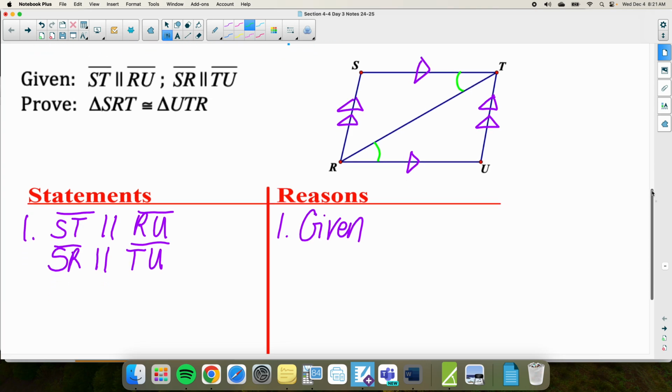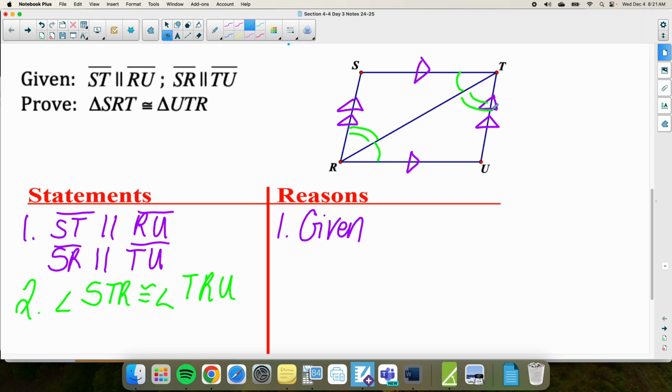So let's go and write that down. You have to use 3 letters, and for the top one, T has to be in the middle. So it'd be angle STR is congruent to angle, and then for this bottom one, R has to be in the middle. So angle TRU or URT. Now, because these two are parallel, we have another set of alternate interiors, so I'm going to do that at the same time, okay?